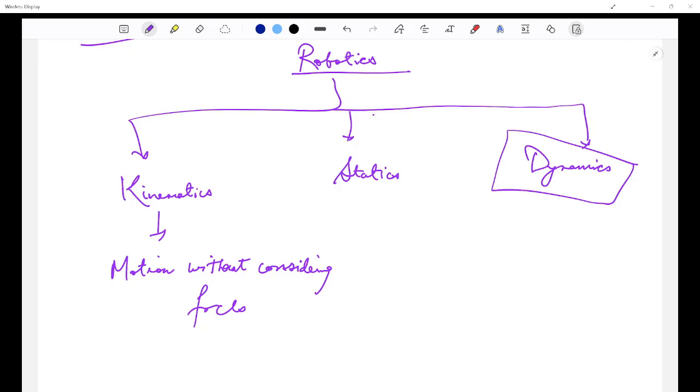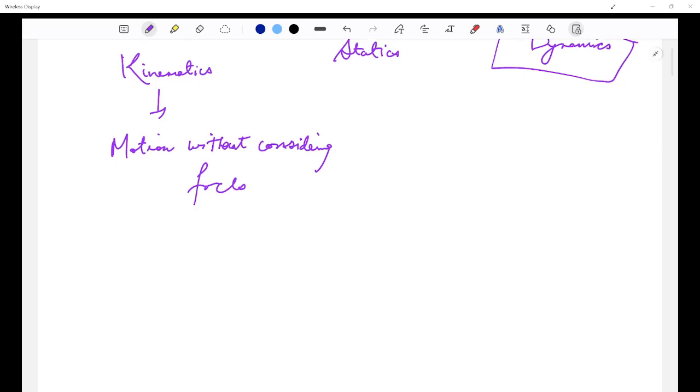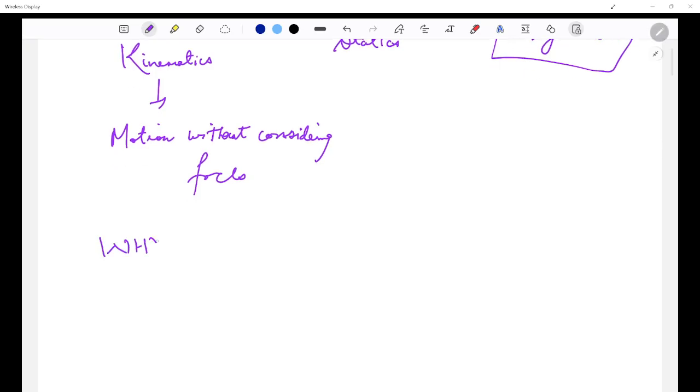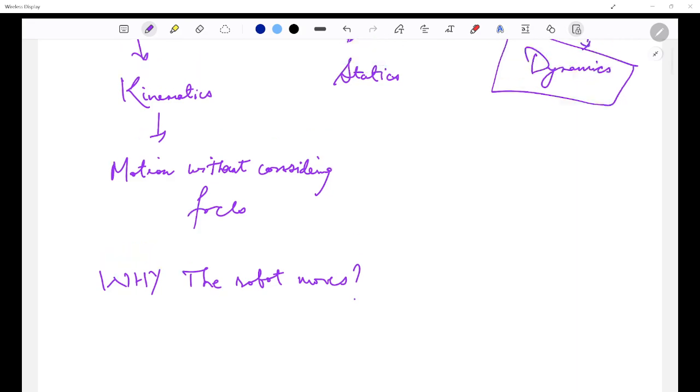Kinematics is basically velocity and position. So kinematics answers questions like where is the robot or how fast is it moving. That's it. It does not explain why the robot moves. Okay, so this is missing in kinematics.